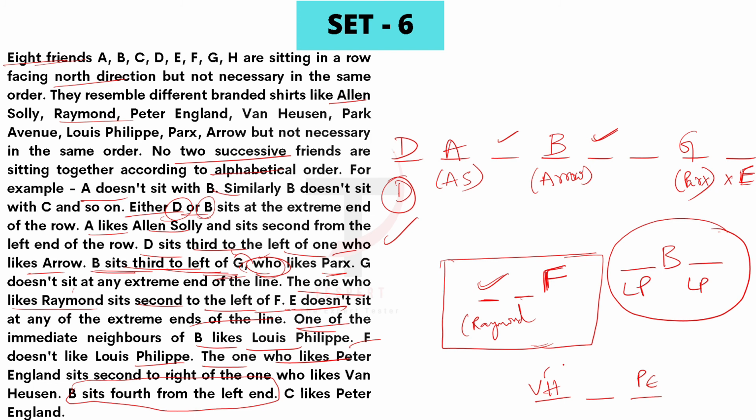This is first right and this is second right. Alright, so this is a fixed arrangement, so let us block it. Okay, and C likes Peter England, and F doesn't like Louis Philippe.